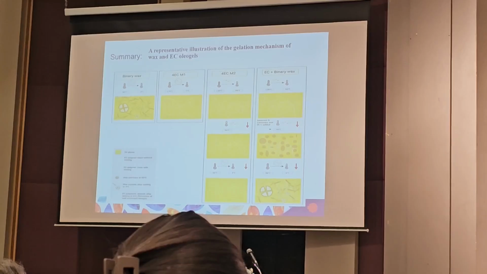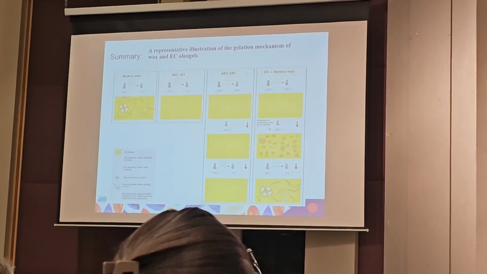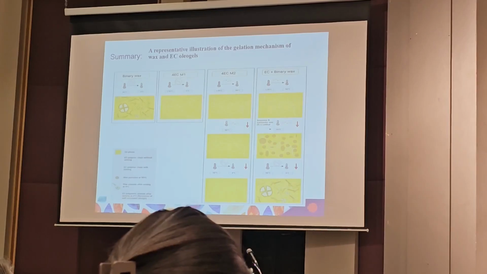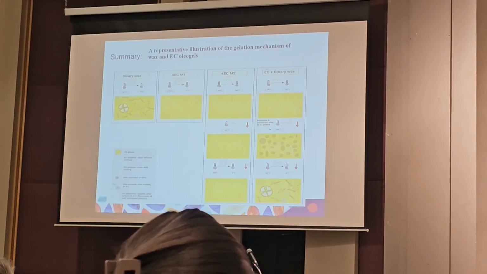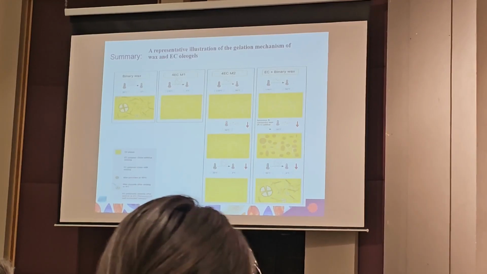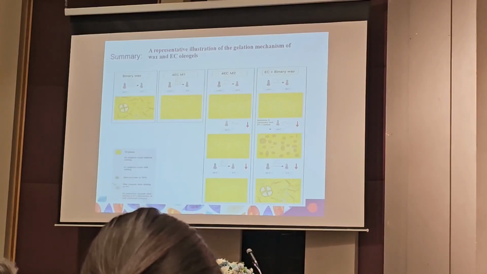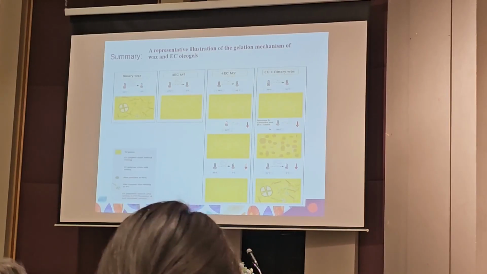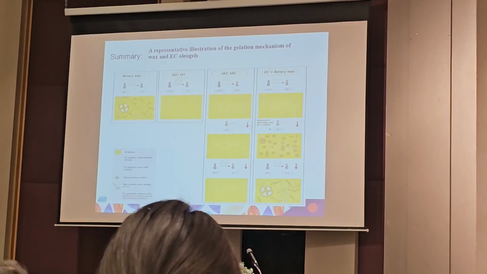Then, instead of carnauba wax disturbing and destroying the structure, beeswax, if it's mixed at the right concentration with carnauba wax, will have synergistic effects. So they can improve the texture properly. If we go to the others, for example, this is ethyl cellulose.